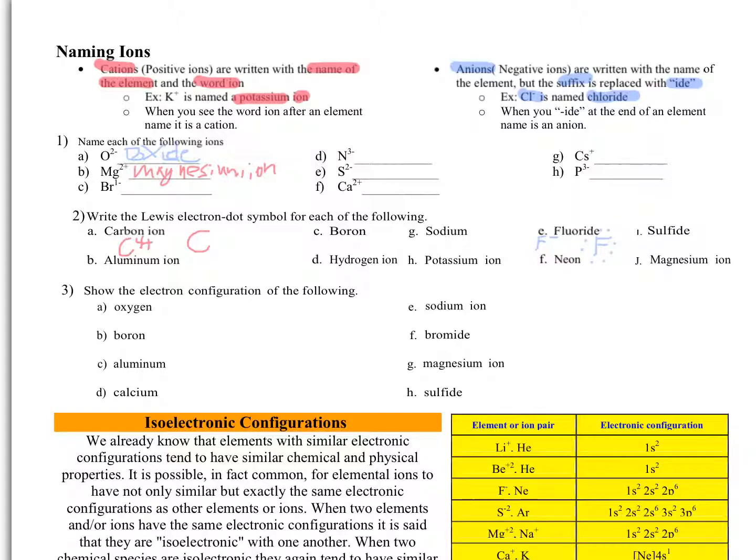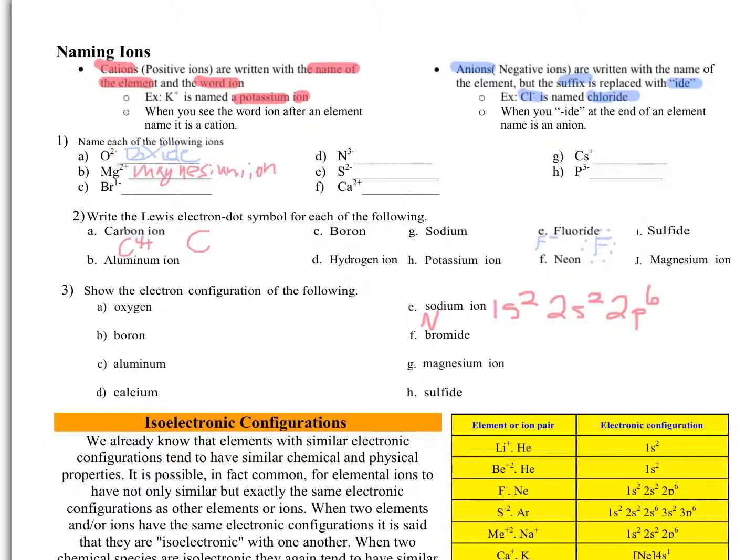If I was to show the electron configuration for each one, A through D are regular atoms, which we've done. For an ion, now we need to look at what happened to those electrons. So sodium ion, it ends in ion, it's a cation. For sodium, we have 1s2, 2s2, 2p6, and then we normally have 3s1.